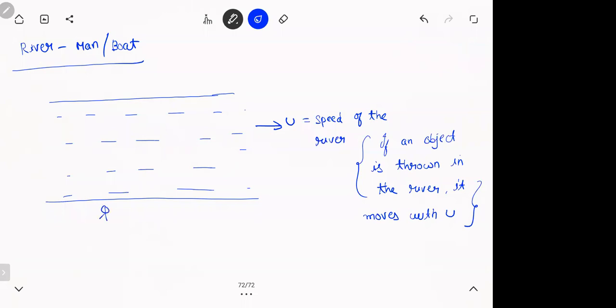So here we have a man, whose velocity in still water is v. Still water meaning, if the water was not flowing, like a swimming pool, he can swim with speed v. So this is the swimmer's speed if water was not flowing.